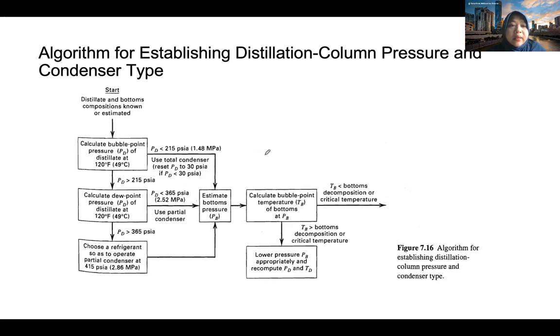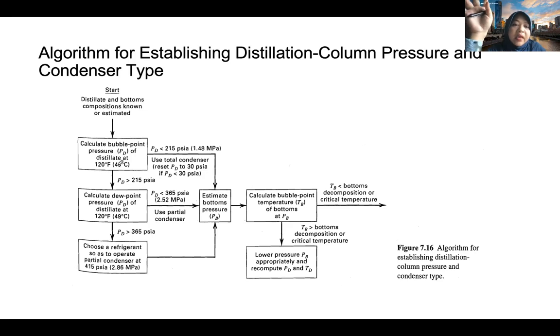So this is an example algorithm. If we know the distillate and the bottom composition, we have to calculate the bubble point or pressure of the distillate, at around the cooling water temperature. If the cooling water is, for example, 22 to 25 to 35, we need the distillate maybe around 49.